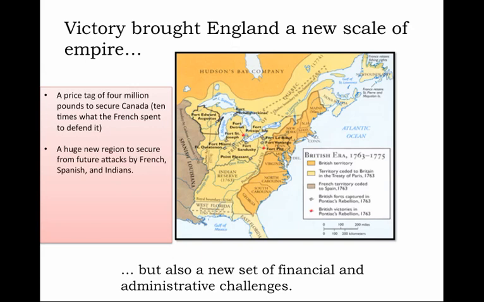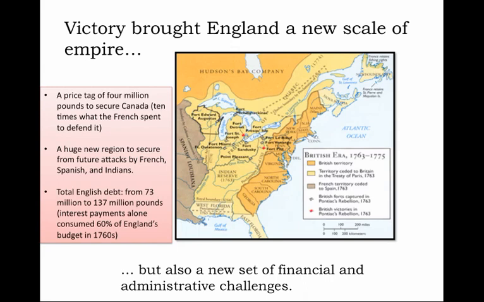If it was costly to win this territory, it would be even more costly to administer and maintain it. To defend it would be an enormous debt. In fact, the total English debt rose from 73 million to 137 million pounds by the end of the war, financed largely by private loans from European banks.